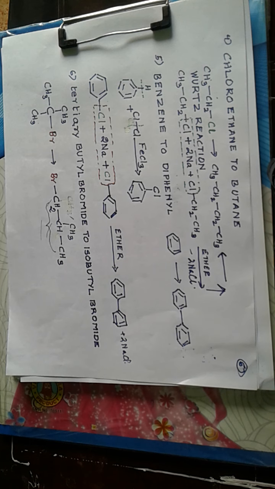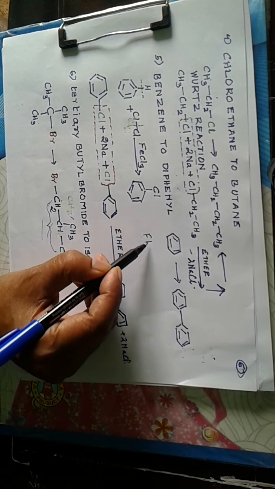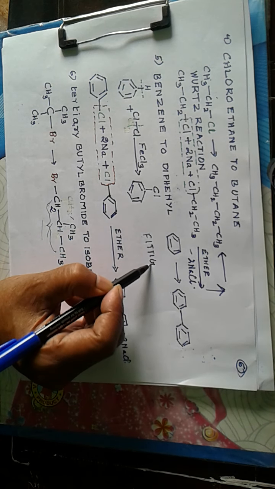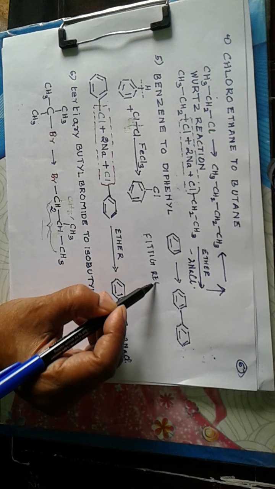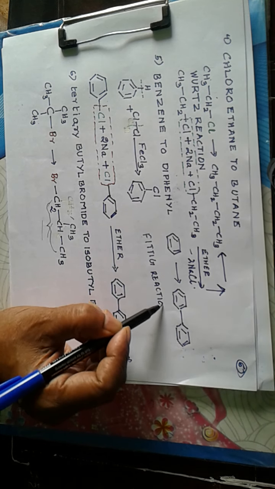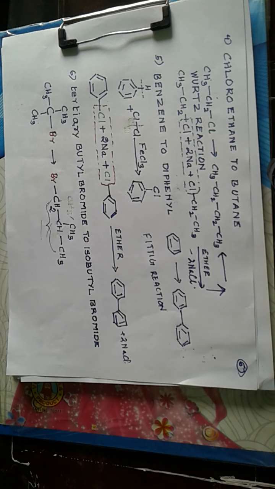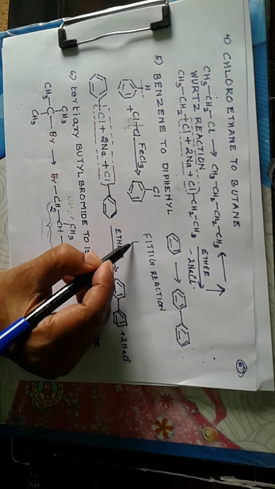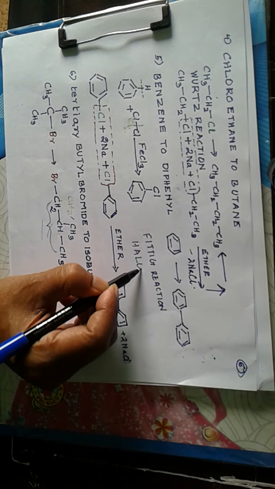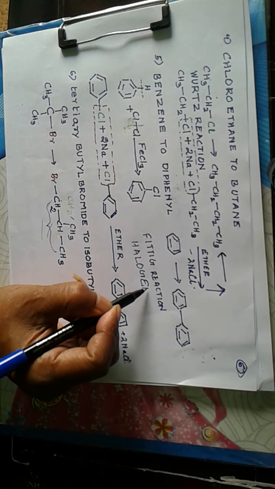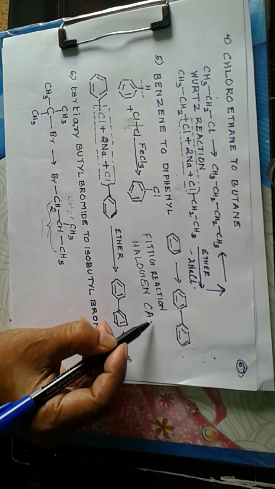Now benzene to diphenyl, a similar reaction can be used, and that reaction is known as the Fittig reaction. Benzene is first converted to the chloro derivative using chlorine and a catalyst, and this catalyst is called a halogen carrier.